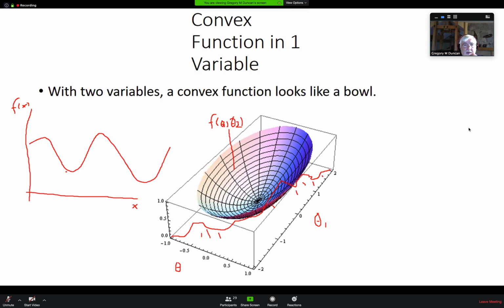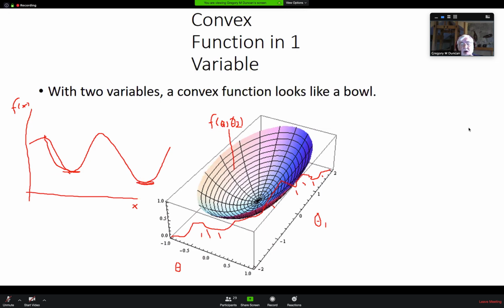And the problem you can run into here is you find the bottom of the valley, and you started here, and you're going to go right here. The problem is the real optimum is over here.